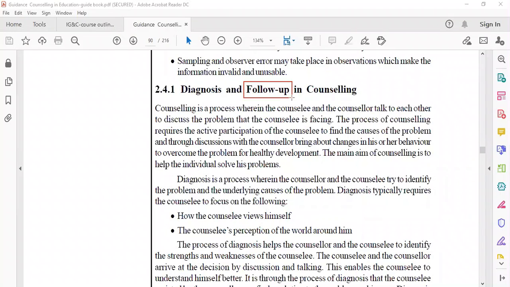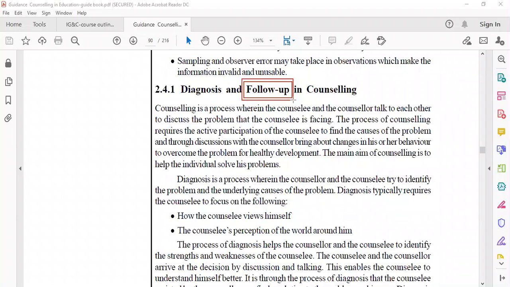In both cases, follow-up is a very important component. And follow-up, because in guidance and counseling, we provide solutions to our students. We suggest solutions to our students. In follow-up, we try to know what was the effect of those solutions.